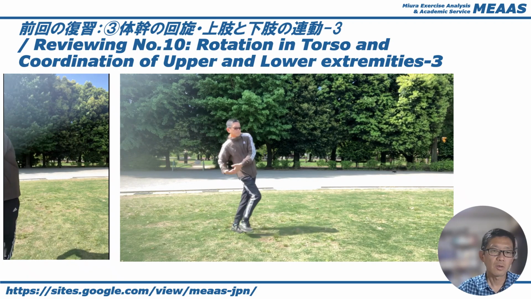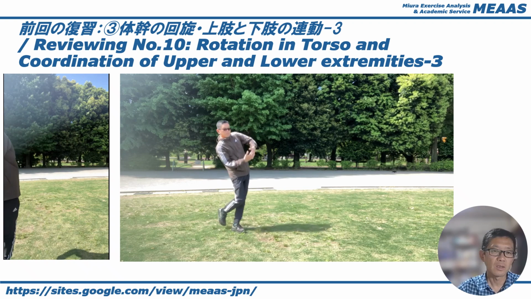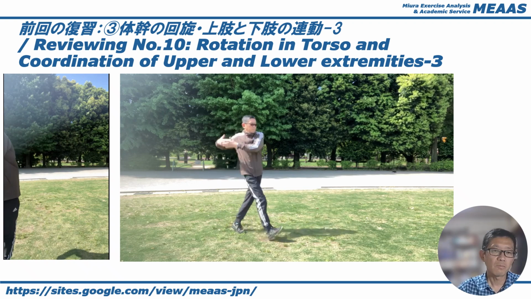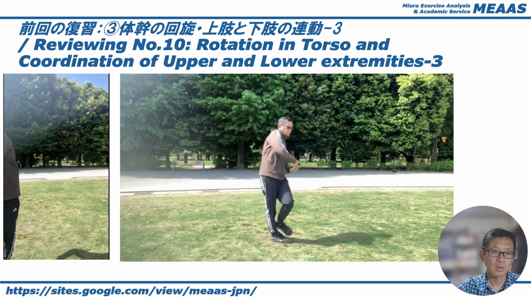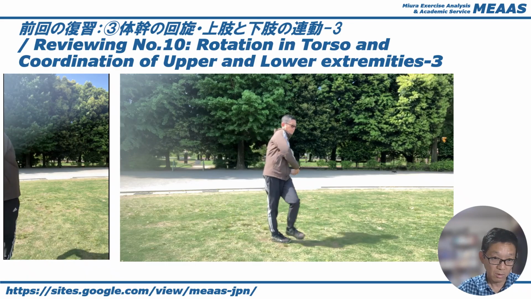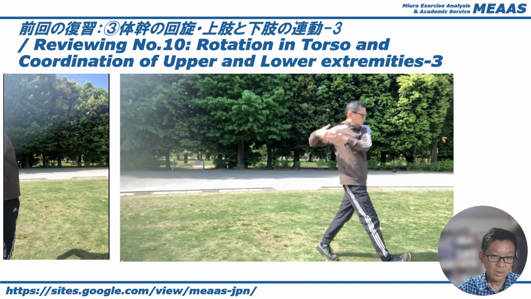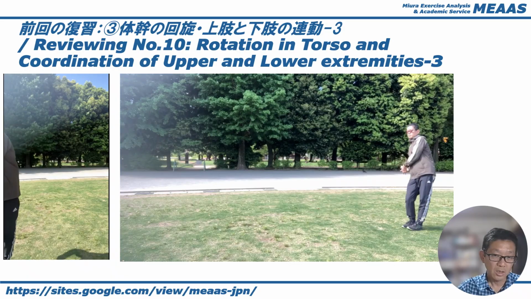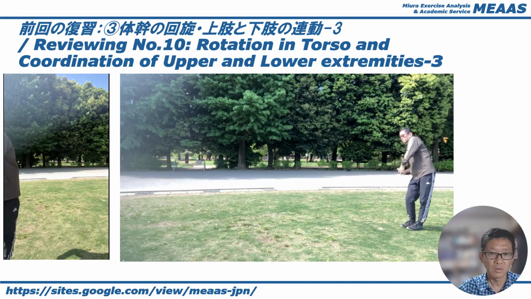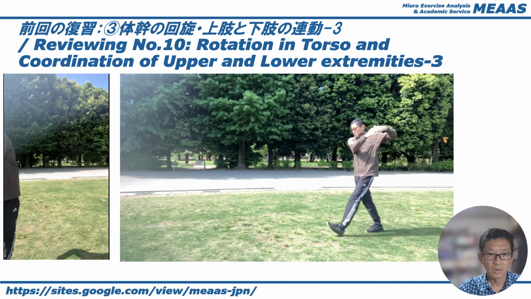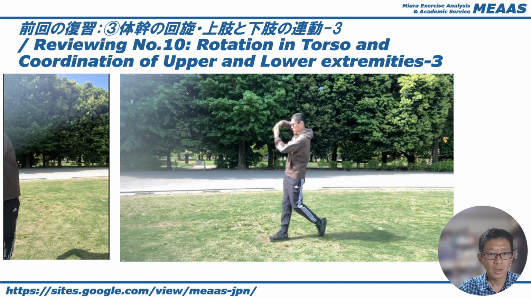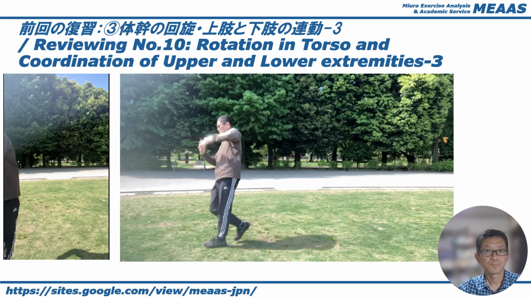Also, on that movement, please look at that knee movement. On this movement, you can easily straighten your knee, and this is good for learning and modifying the straight knee motion, extension of the knee joint. Extend, extend, extend.